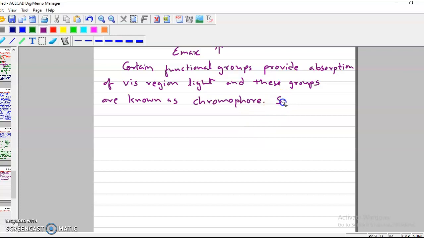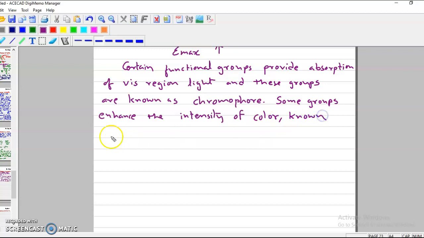In some groups in organic compounds, and hence the intensity of color, known as oxochromes.